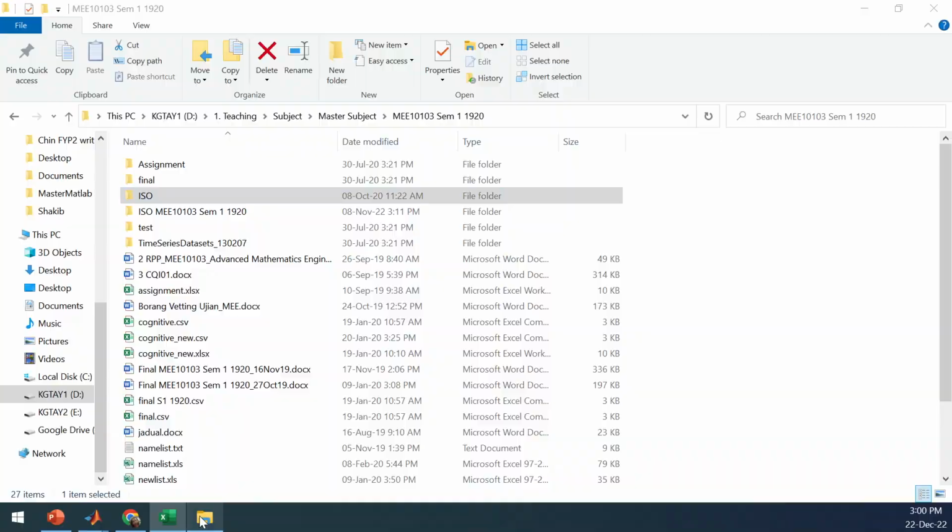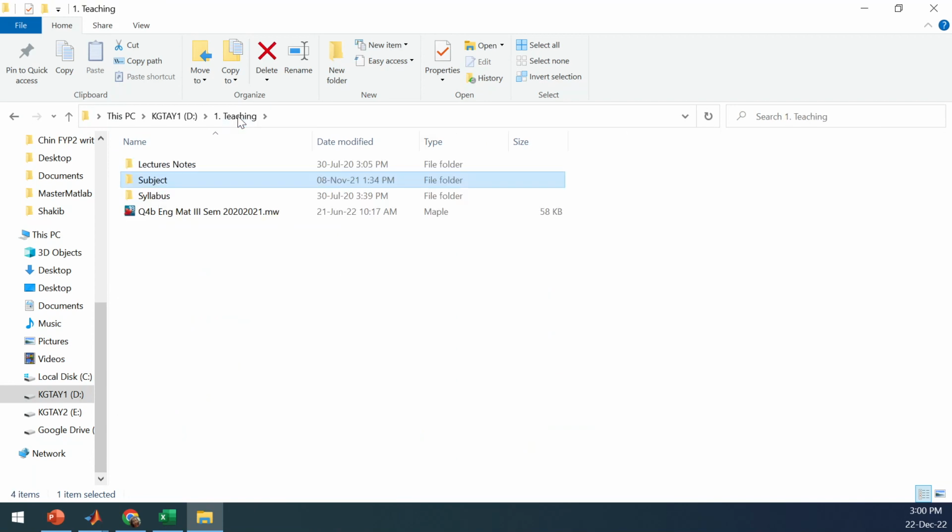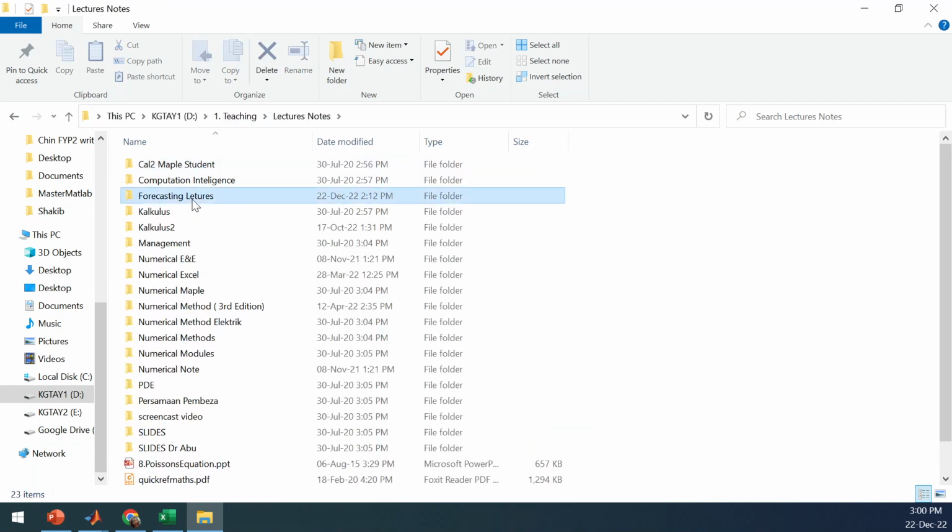You might say, why so troublesome? Why not forecast, why do you fuzzify the whole data? Why can't we do it for the whole data? I will show you what happens.